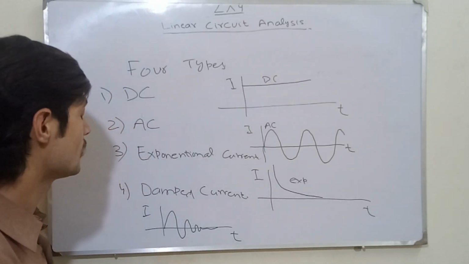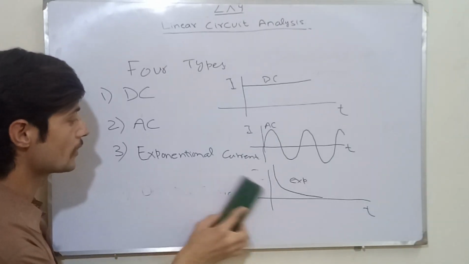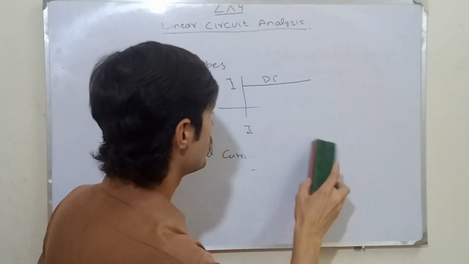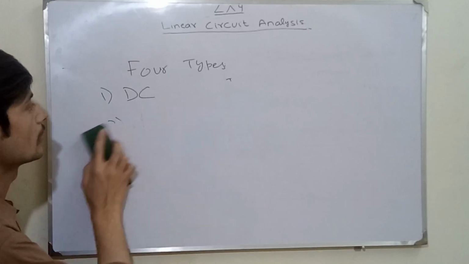Now, as I have discussed earlier, the current without any direction is nothing. So always mention the direction of current in the circuit for correct answers.